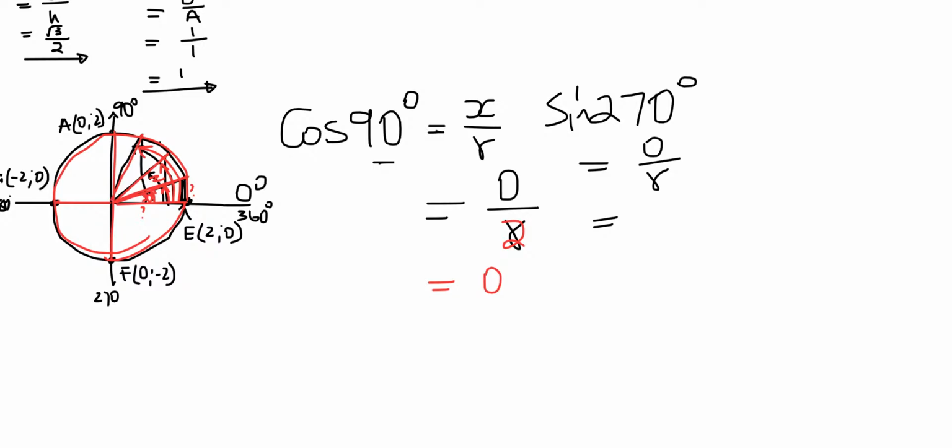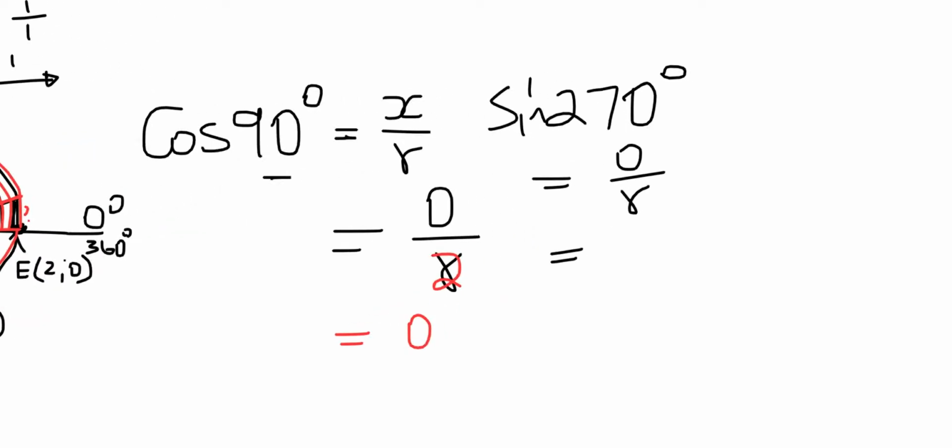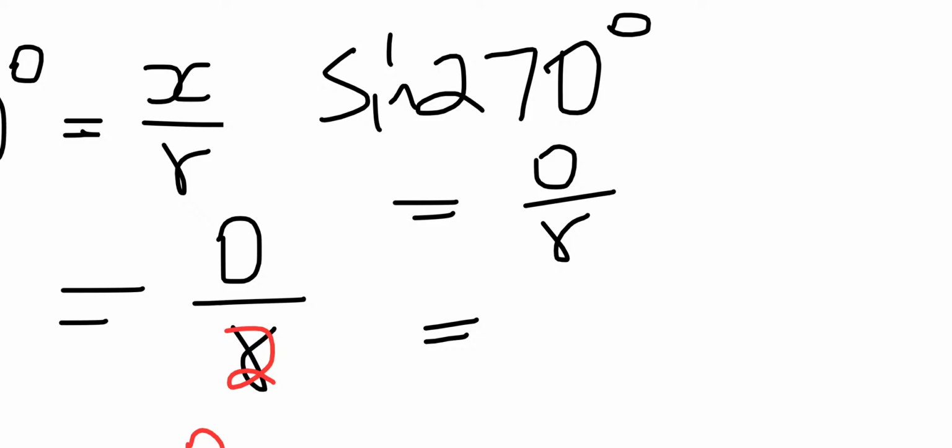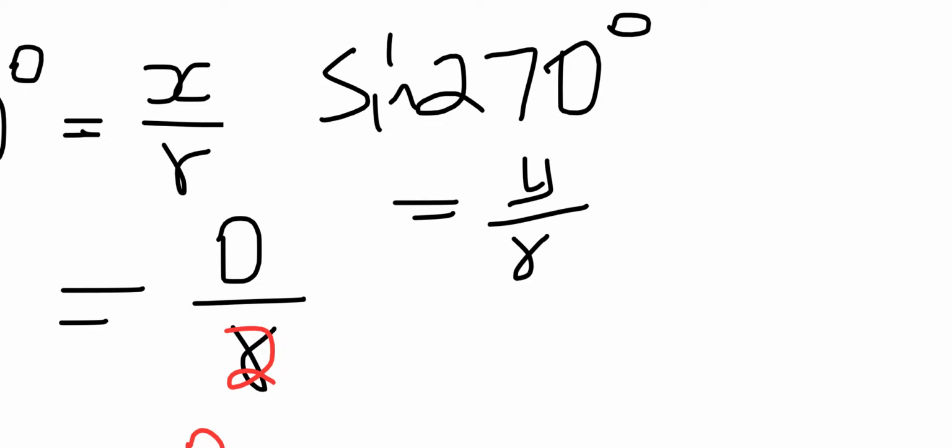Opposite being y. Oh yes, now I've just remembered that we will therefore have to write it as x, y, and r, not o, because it even looks like I'm saying 0 there. So opposite is y, in this case, over r.